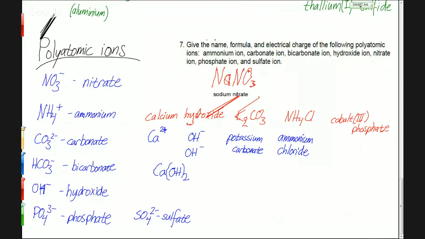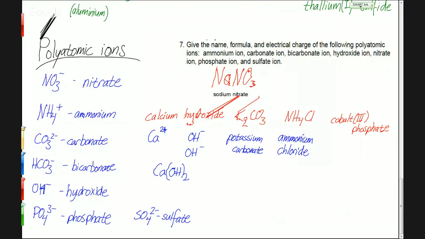That means 2 of those whole things. That way our overall charge is neutral. Calcium, we have the 2+, and each OH is -1, so that's -2 total. +2 minus 2 cancels out.